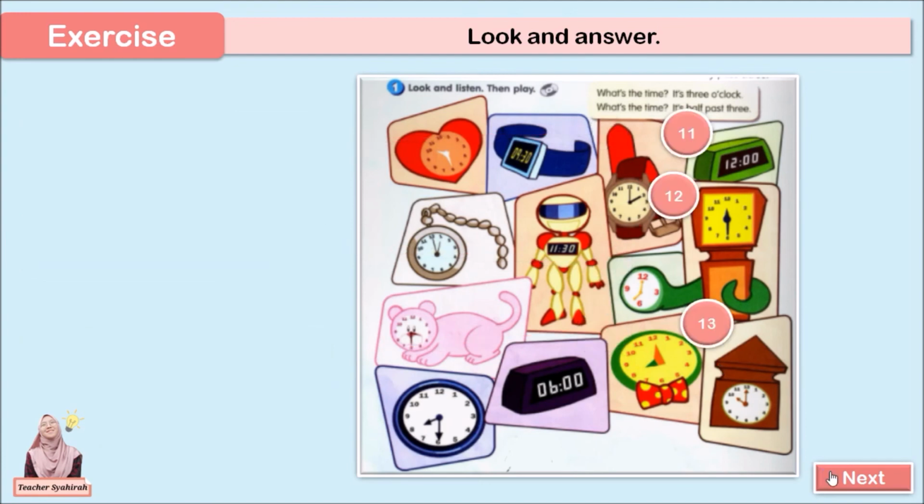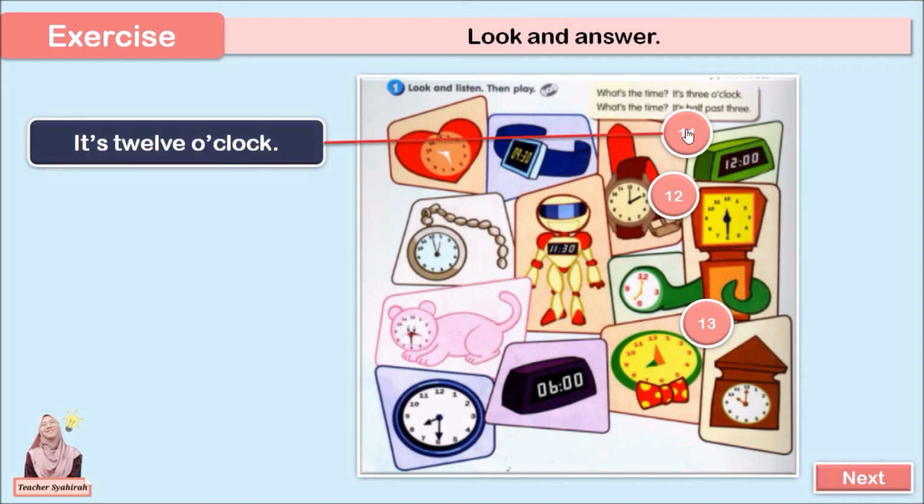Now the next one, 12:00. How's it read? How do you read it? It's 12 o'clock. The next one, 12. The shorter one shows at 6. How do you read it?